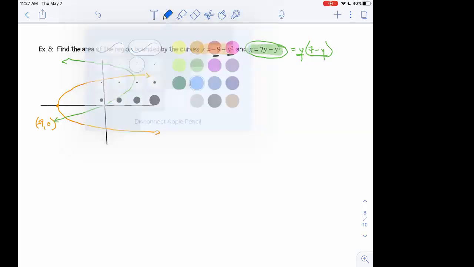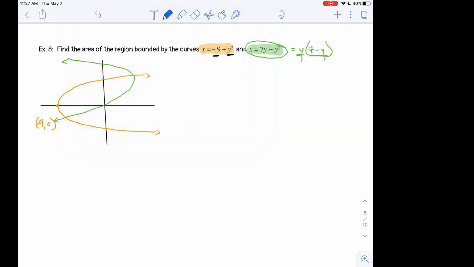Looking at the picture, most of us would say this is a sideways looking picture, which makes sense because for those horizontal rectangles, the right curve is green and the left curve is orange. This one has a right curve of green and a left curve of orange, and even this tiny one down here has a right curve of green and a left curve of orange. And that's great because as long as we can see the same curve on the left and the right the whole way, we only need one integral.